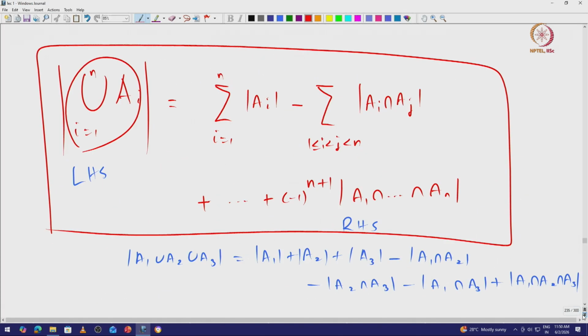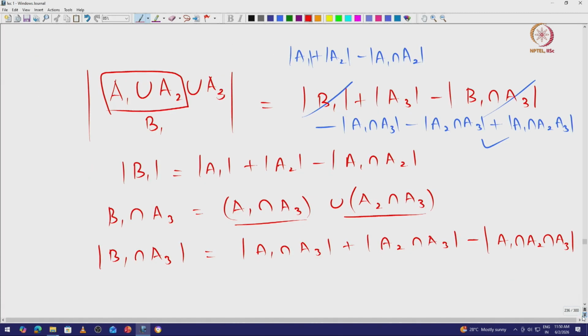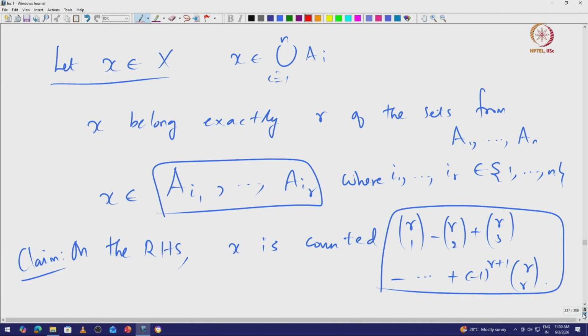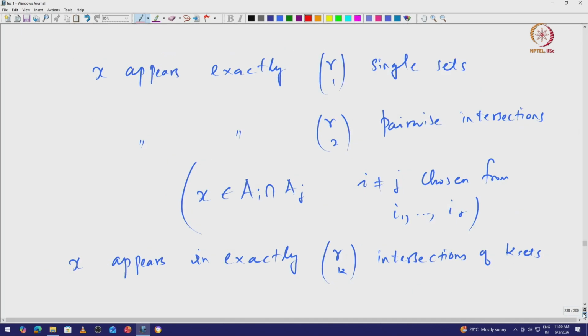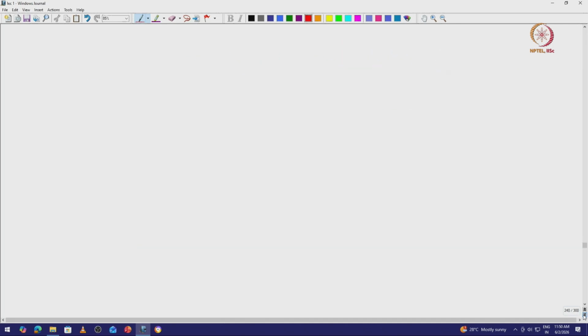Okay, so now let us look at some examples where we can apply the inclusion-exclusion principle. In some sense, in almost all combinatorial problems one will be using inclusion and exclusion, even without explicitly mentioning that we are using it.